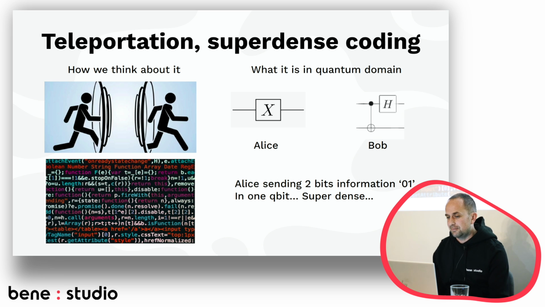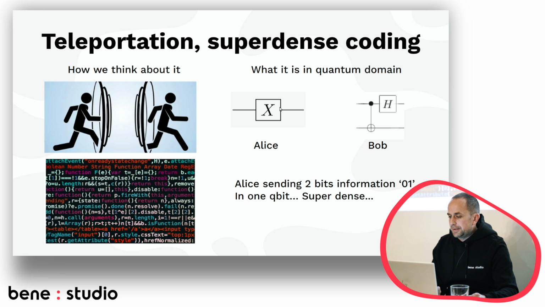What are they really in the quantum domain? Everything starts with two entangled qubits. One is at Bob and another is at Alice. They apply gates, let's say usually a reverse Bell circuit, like here, and on the other side, Pauli gates, one input, one output.